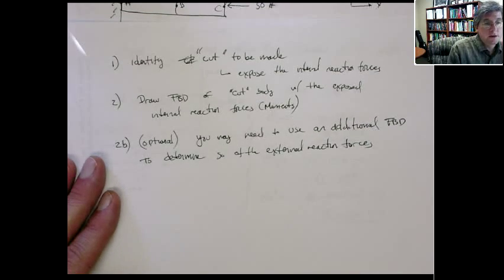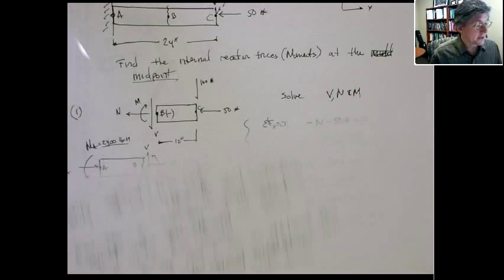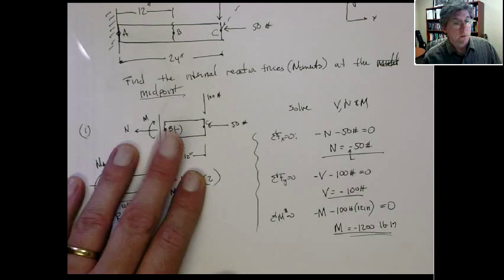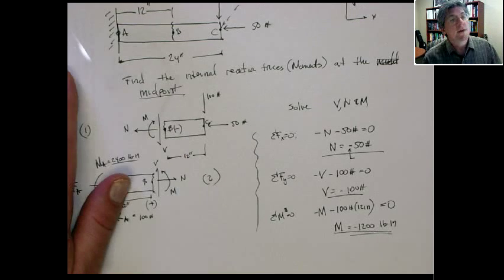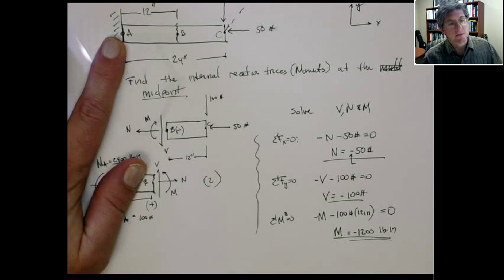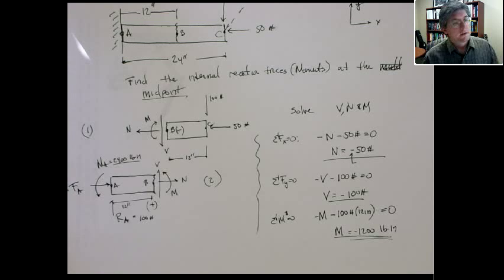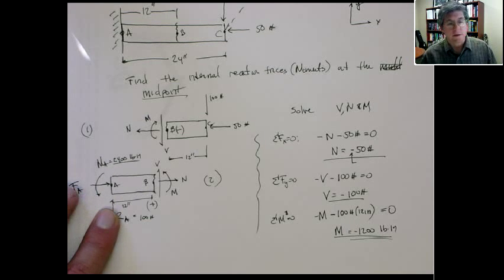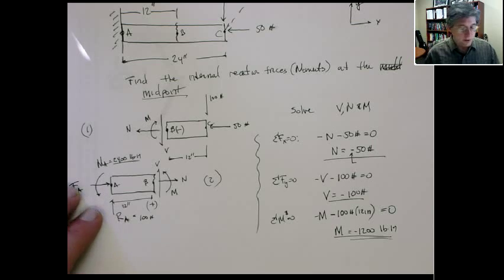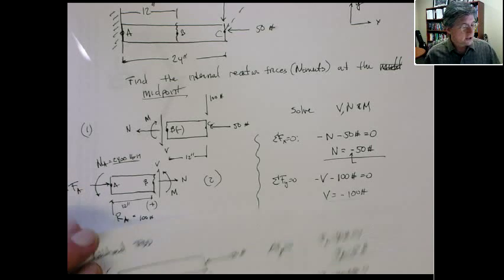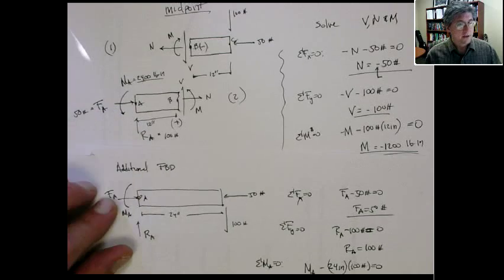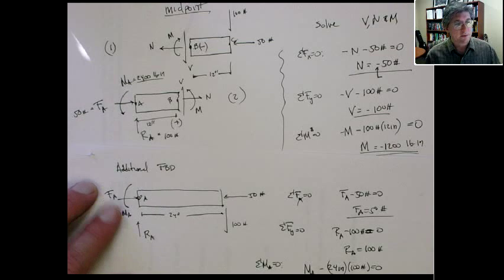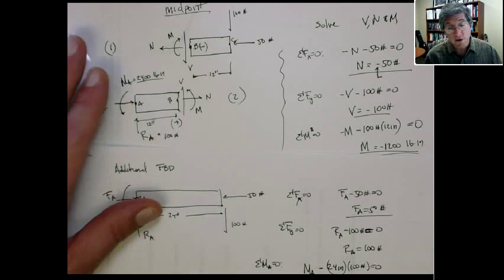Okay? You might not have to do that. So in this particular case, if you chose the right free body diagram, you really never have to determine the external reaction forces in one area. When you begin, you maybe not so savvy, you might choose the left one. That'll still work, but you will need to use an additional free body diagram to get the reaction forces in it. Sometimes you'll have no choice.